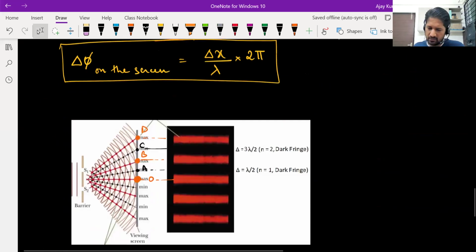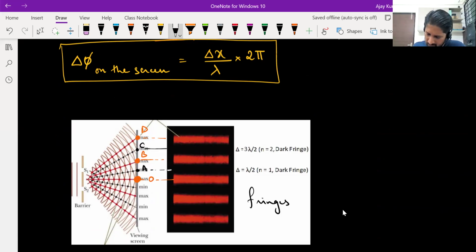See, the bands that you see here on the screen, they're called fringes. This complete space from, A is one dark spot. Below the point O also you'll have a minimum. From minimum to minimum, or the space between two successive minima, this space is called a fringe.